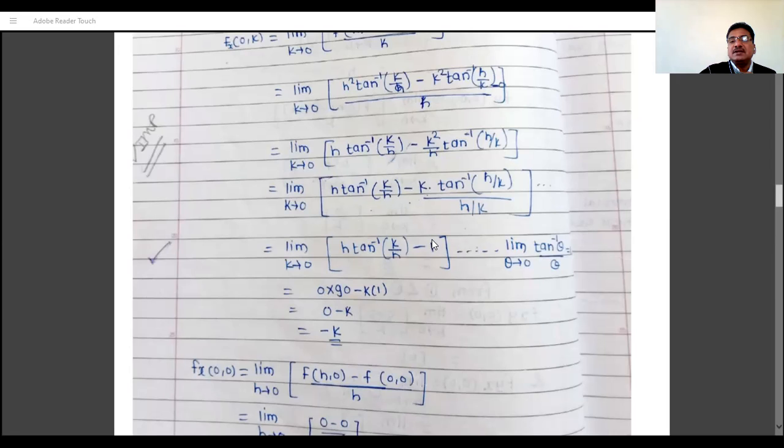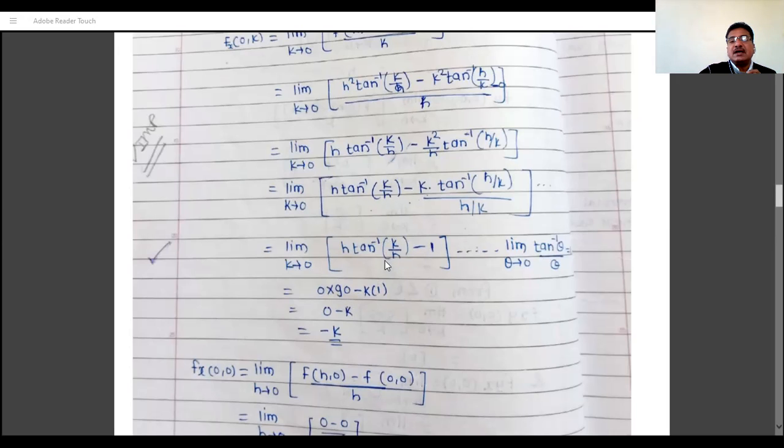So we have the answer 0, the limit of this factor is 0. Tan inverse infinity, don't write this 90. It is actually, here is the limit h tends to 0. So tan inverse k by 0 means tan inverse infinity is 90.